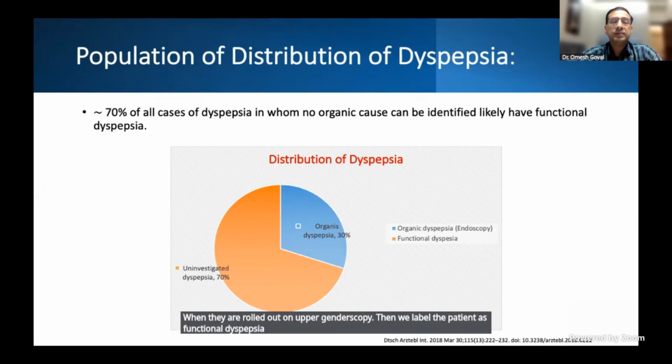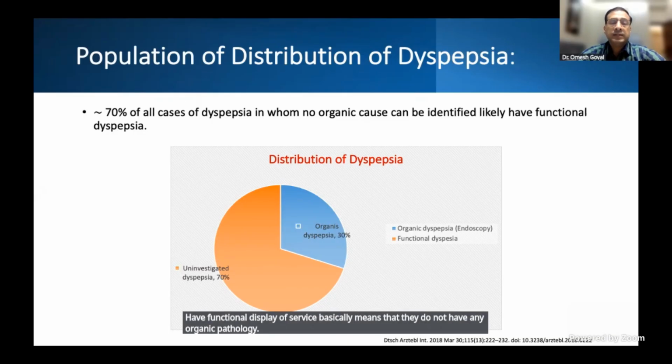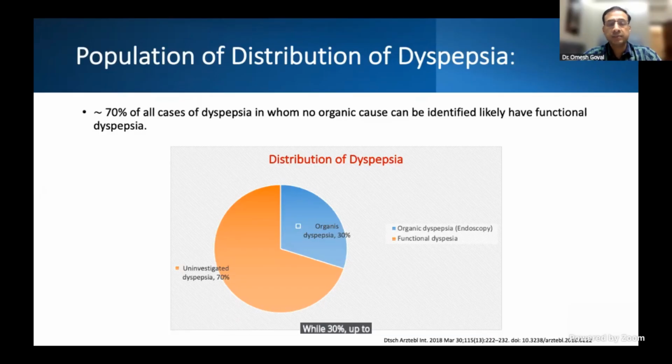Up to 70% of patients presenting to OPD in various studies have functional dyspepsia, which means they do not have any organic pathology, while up to 30% may have organic pathology, ranging from those I mentioned. Besides this, other causes of dyspepsia are ruled out by proper history taking and basic lab tests. A CKD patient might have dyspepsia due to uremia.